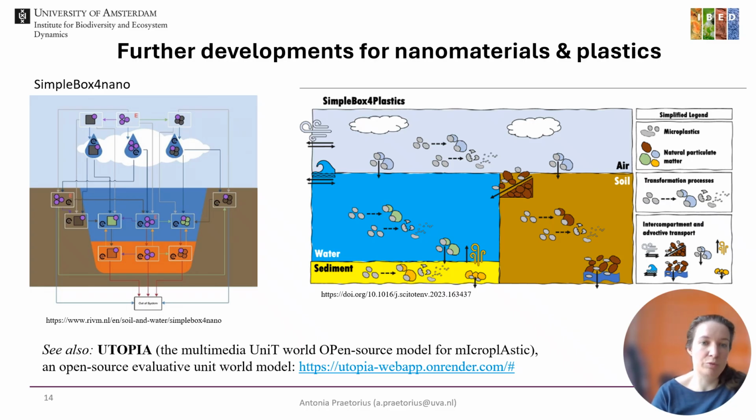So for example, instead of using partition coefficients, these models include descriptions of aggregation processes and fragmentation processes of these particles. There's quite a lot of development in this field, and on this slide you can see some examples. For example, the first two are also based on the SimpleBox model that I showed on the previous slide.